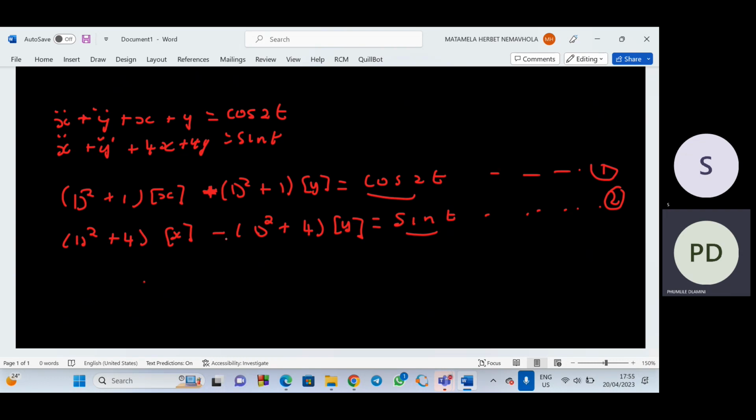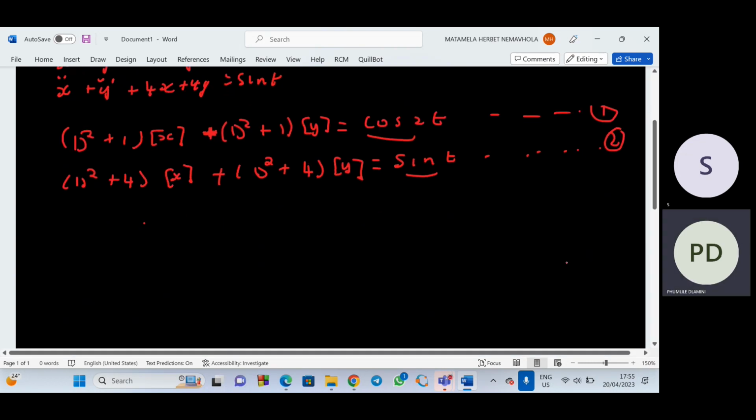Why is it minus here? Is it plus, right? It was plus. Yeah, it's fine now.